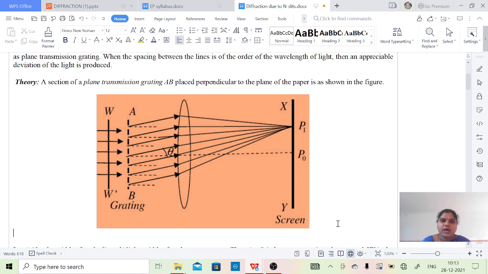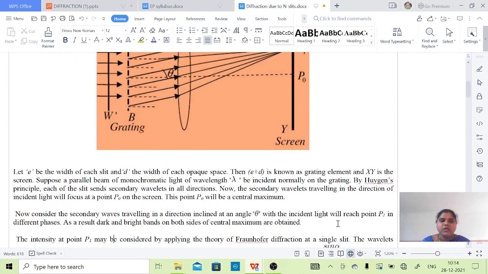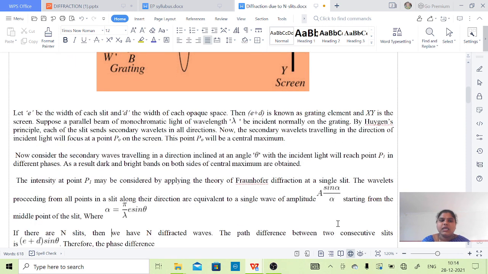That means P0 is the central maxima here. Let e be the width of each slit and d the width of each opaque space. Then e plus d is the separation distance, known as the grating element.